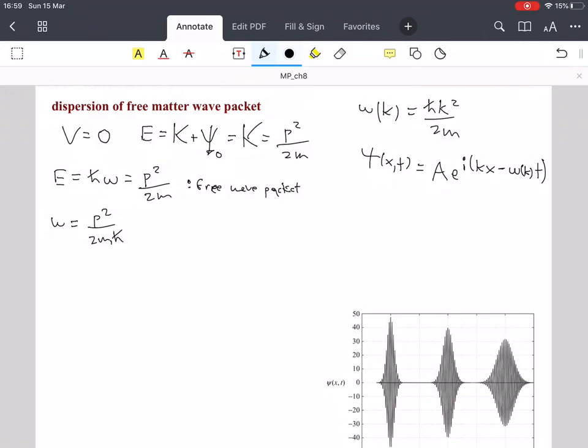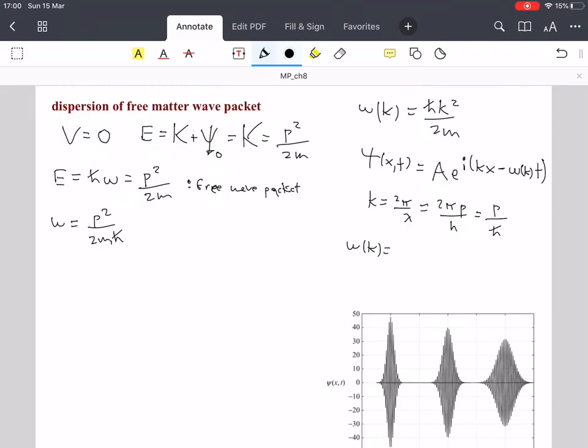Let's go back up here and think about what k is. So k is 2 pi over lambda, and this is where we use the de Broglie relation that lambda is h over p. So this now becomes 2 pi p over h, or in other words, p over h bar. Okay? Now, let's then plug in the rest of this relation.